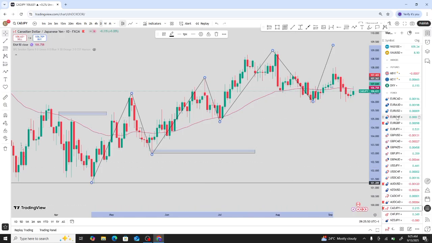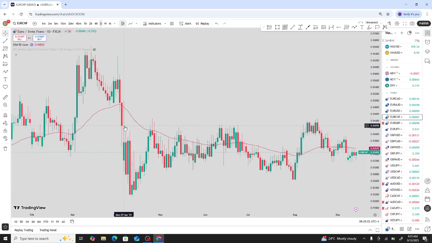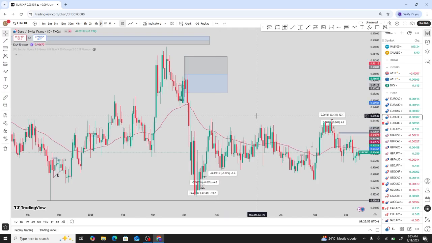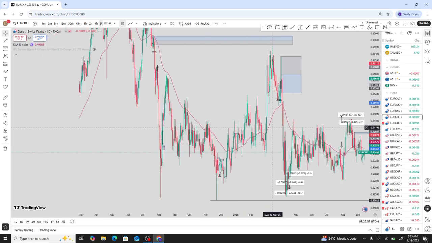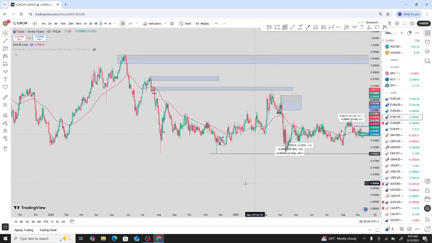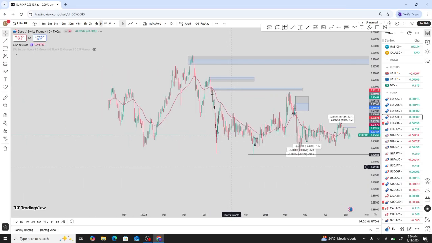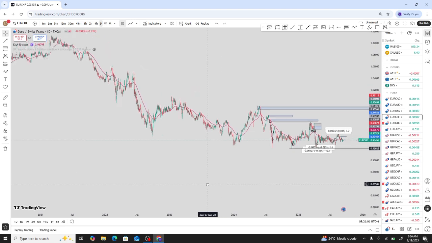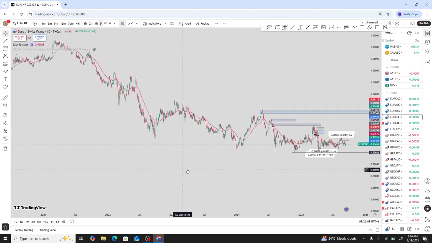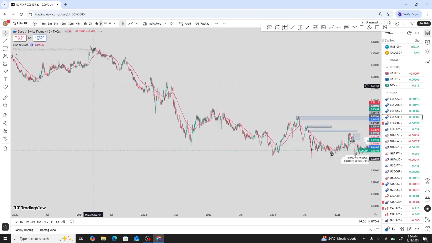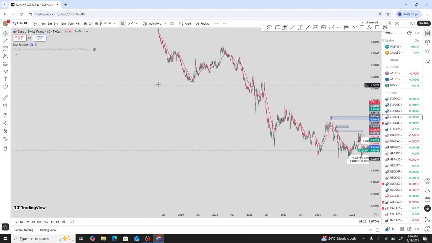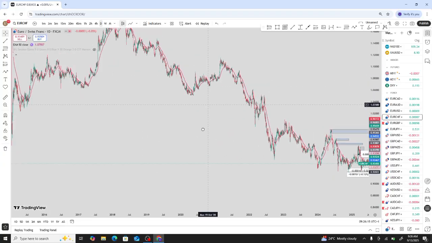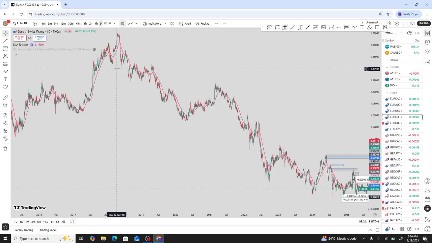So another chart, EUR/CHF. What is this chart doing? This chart has been on a downtrend for a long time, since 2020, even before 2021, since 2018, since July 2018.